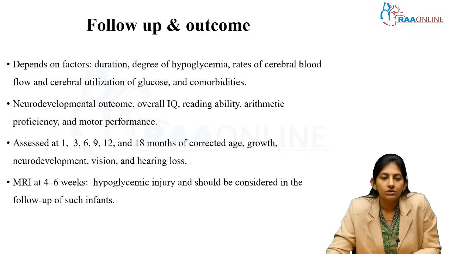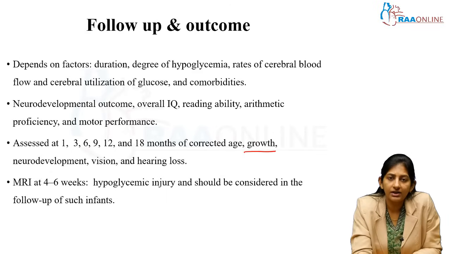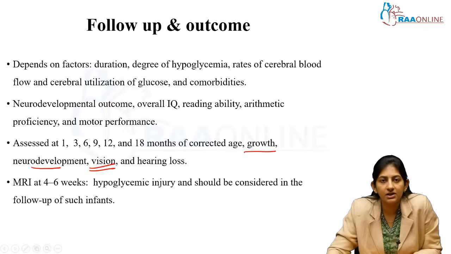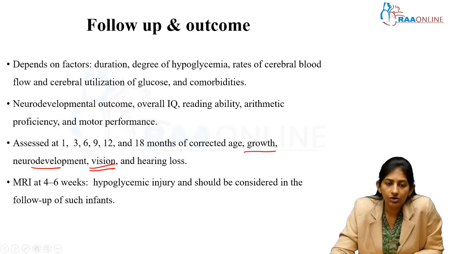Why are we concerned more about hypoglycemia? It has long-term neurodevelopmental outcome issues. Any baby who has a resistant hypoglycemia or a very early hypoglycemia not treated can have growth abnormalities, neurodevelopmental problems, vision abnormality, especially the occipital cortex is affected when there is resistant hypoglycemia, and even hearing loss.